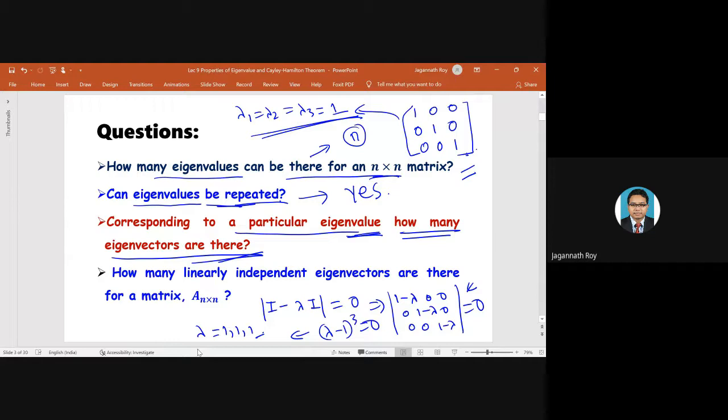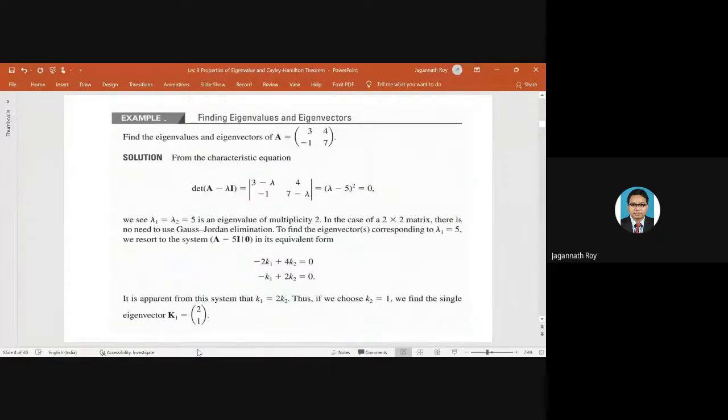Not only that, how many linearly independent eigenvectors can there be? All these questions we will answer with some examples. So first example, let us take a 2 by 2 matrix.